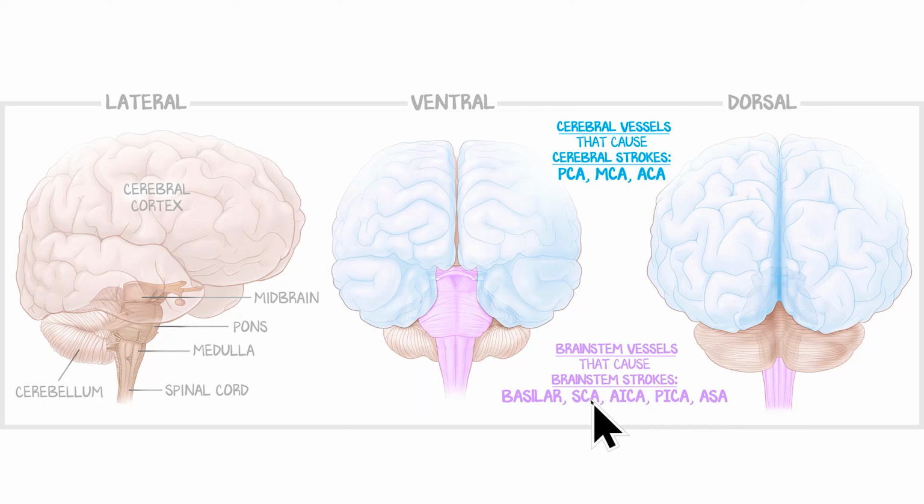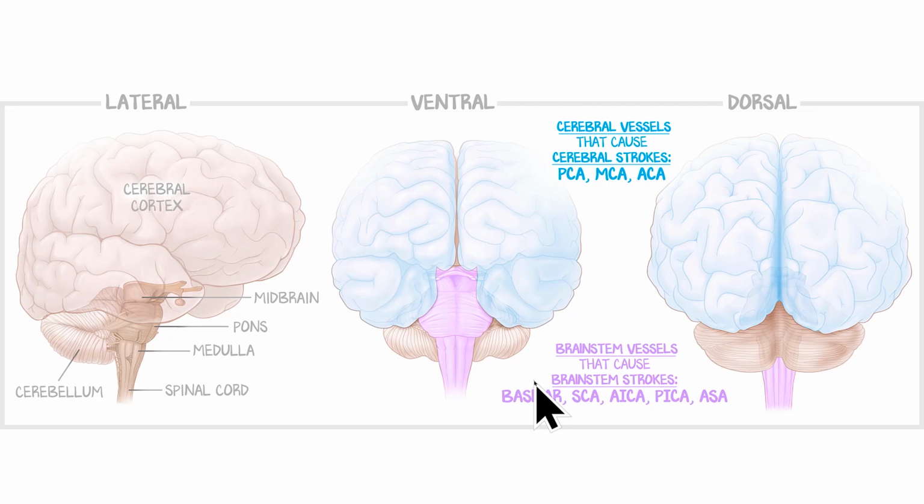Part of the posterior circulation is the posterior cerebral arteries, a branch of the basilar artery. However, the way I want you to approach this clinically is not based on anatomy, but based on what gets infarcted if one of those vessels goes down.